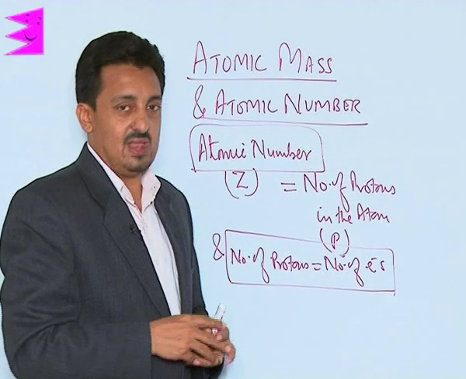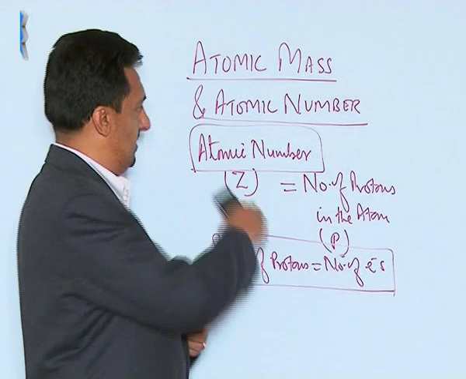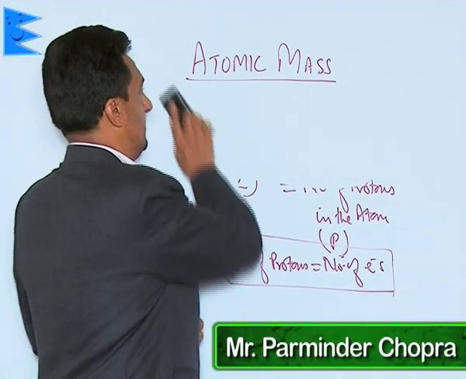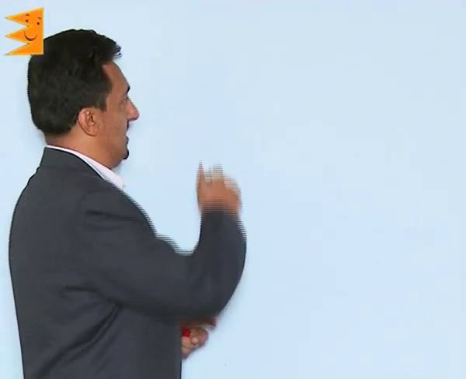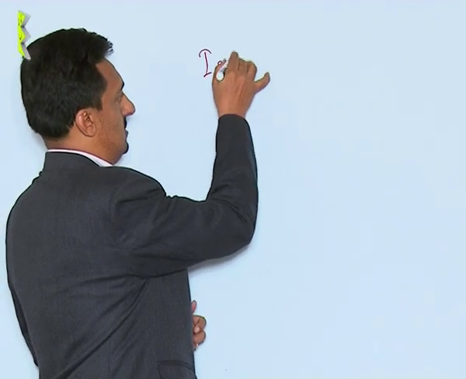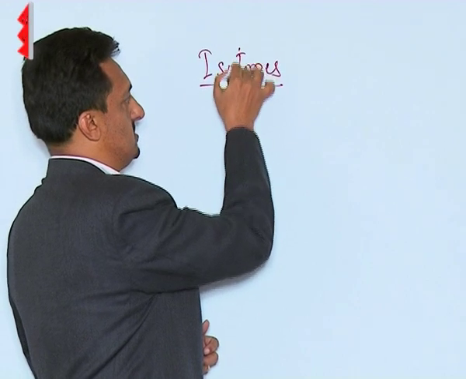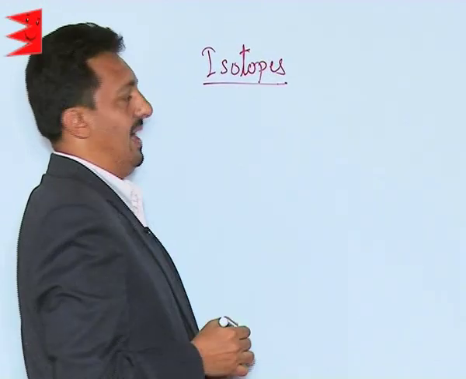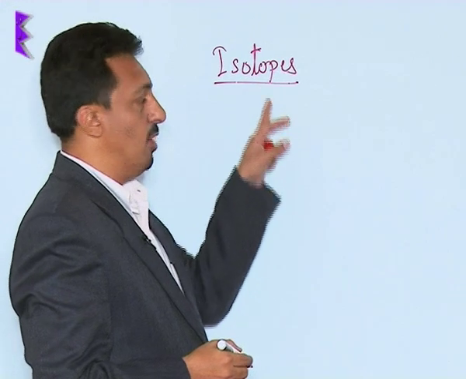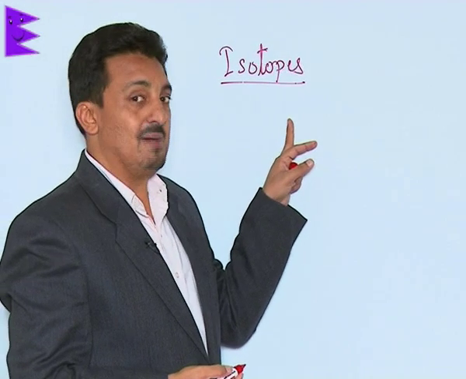We have two similar terms which are important to note here, which are called isotopes and isobars. Isotopes: as the name suggests, iso means the same, and tope refers to the atomic number.